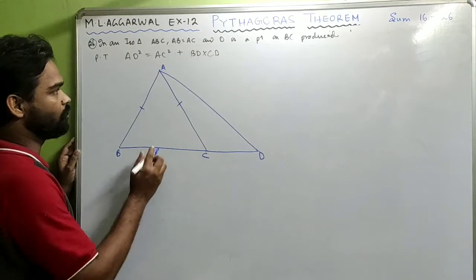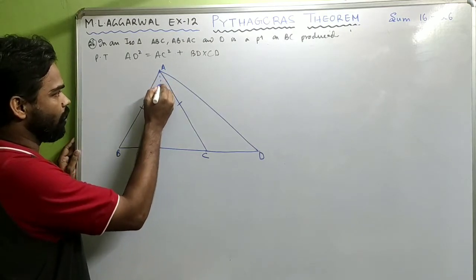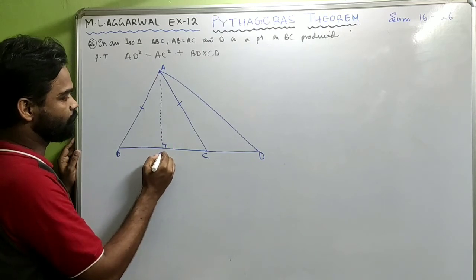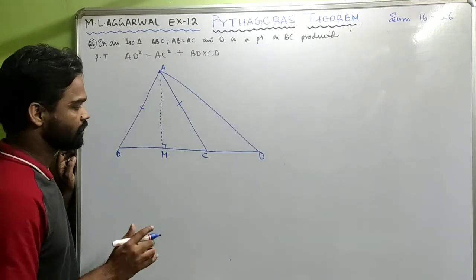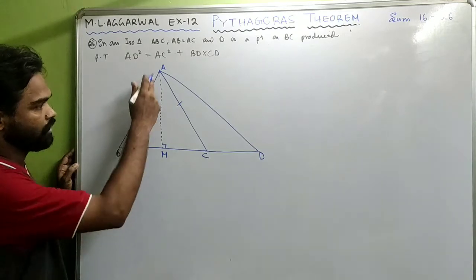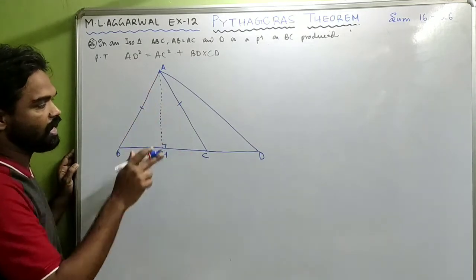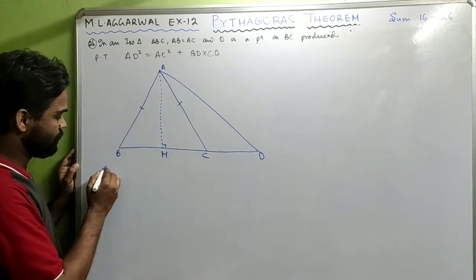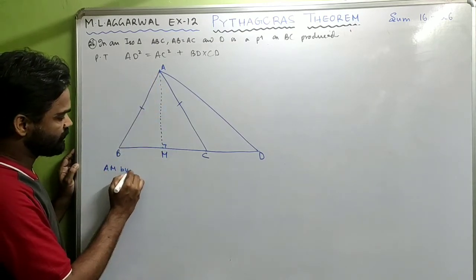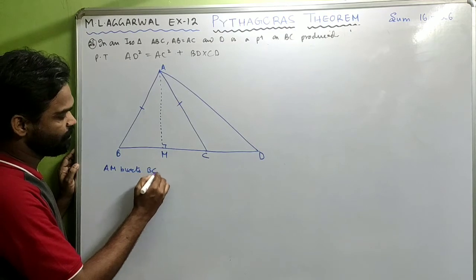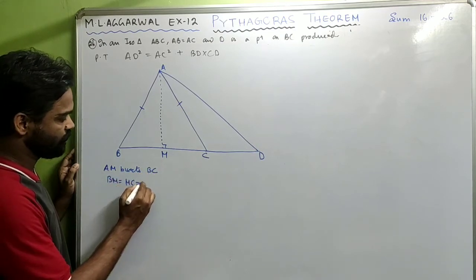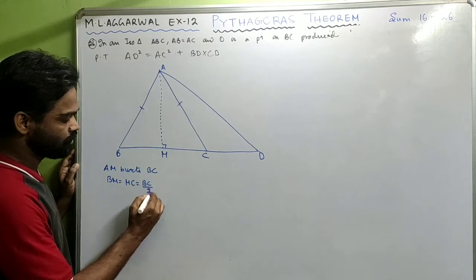Now look carefully. I'll drop a perpendicular on BC from the vertex A. Suppose AM. Now, we know in ABC, since it is an isosceles triangle, the perpendicular AM bisects BC, which means BM will be equal to MC, which will be equal to BC by 2.